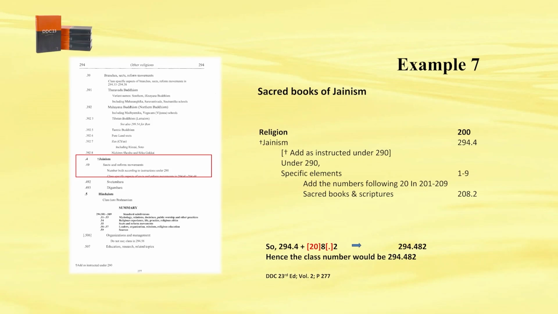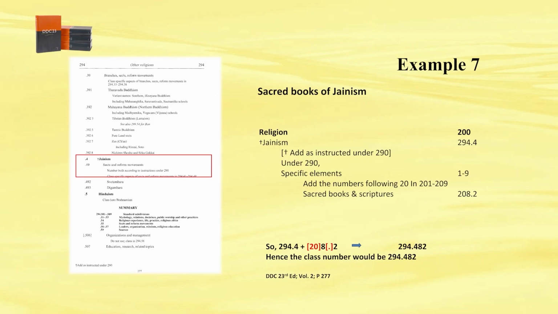And look that Jainism comes with a special cross-like symbol, and at the bottom of page 277 it tells us it represents as instructed under 290. So we have to move to the class 290. There is an extended subdivision where we have found the specific elements under 1 to 9.